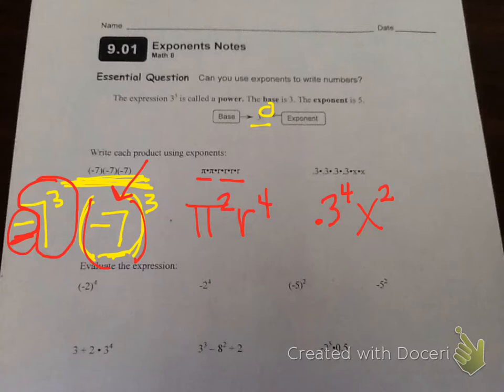And if they're not on your paper, don't put the parentheses in. So here we have (-2) to the 4th power, which means -2, -2, -2, -2, all multiplied together. So that gives us 4, that gives us 4, and 4 times 4 is 16.